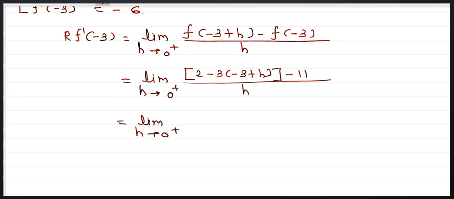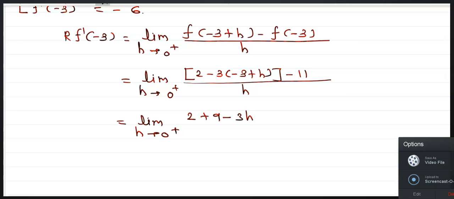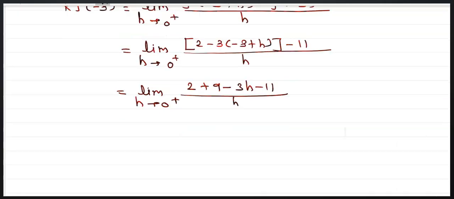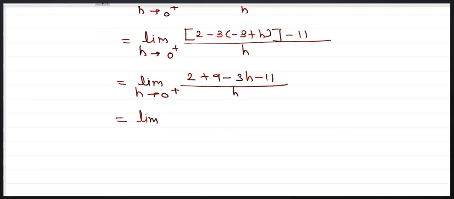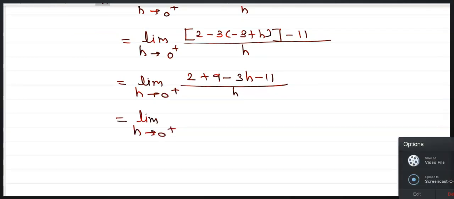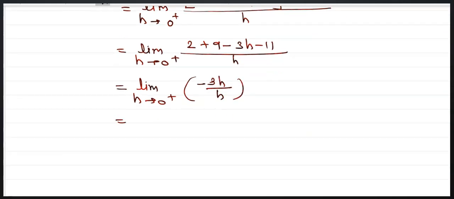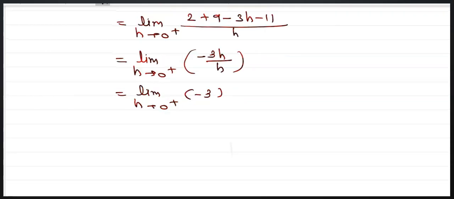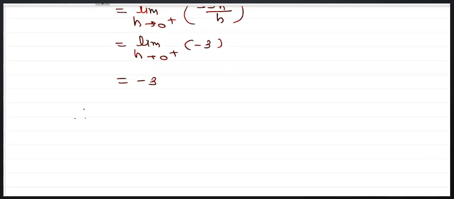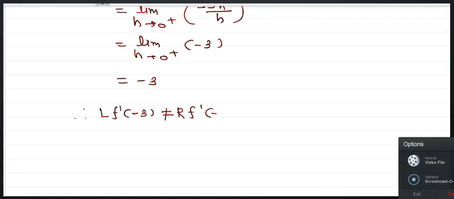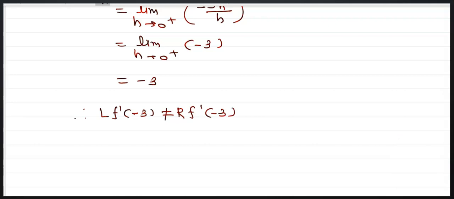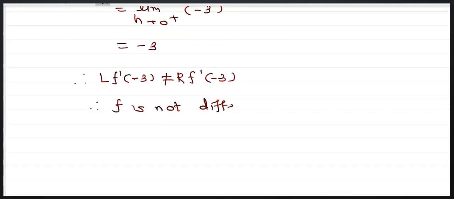And after simplification, you will get 2 plus 9 minus 3h minus 11 upon h. And therefore limit h tends to 0, minus 3h upon h, that is equals to minus 3. And right hand side limit is minus 3. Left hand side limit is not equal to the right hand side limit, and hence the f is not differentiable at x is equals to minus 3.